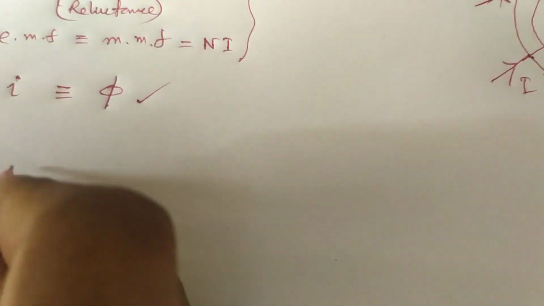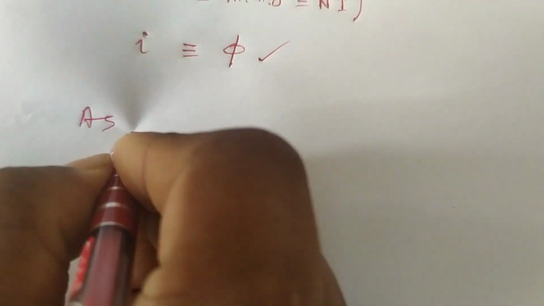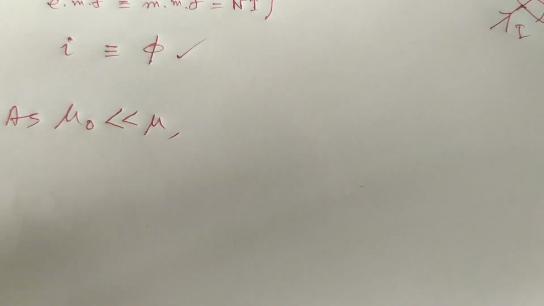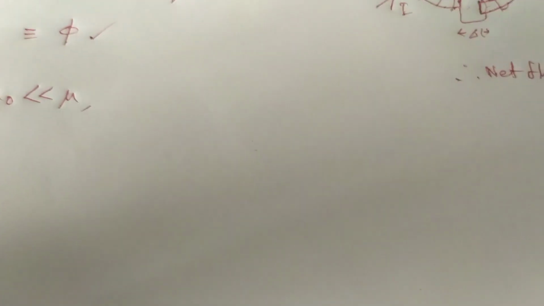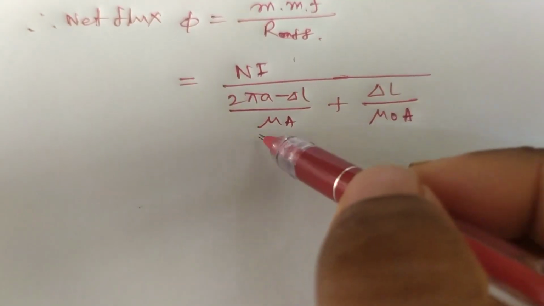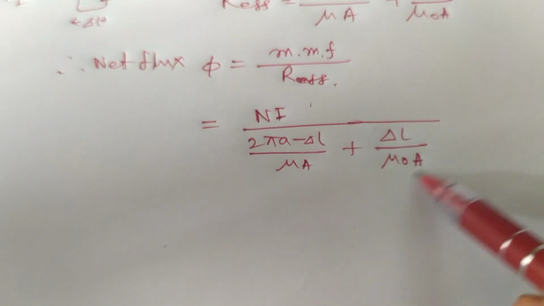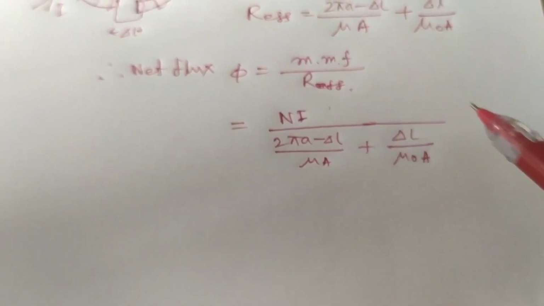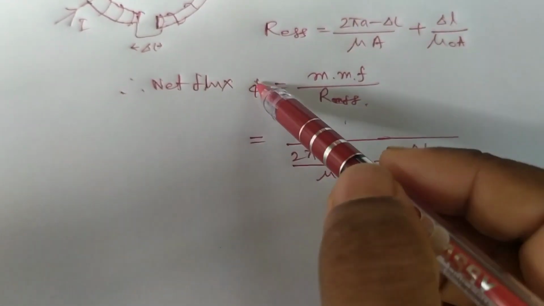Now as you see, mu 0 is very much less than mu, so the presence of the air gap changes the reluctance term, and this will increase the value of phi.